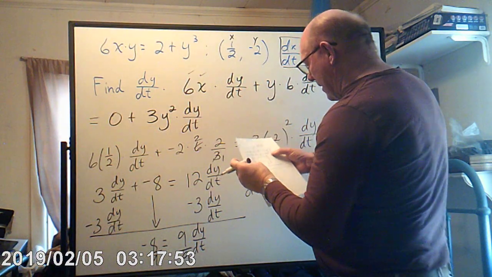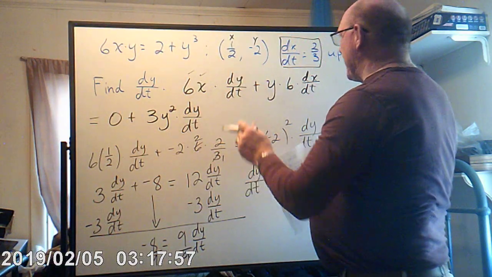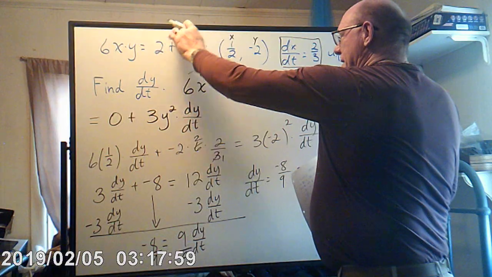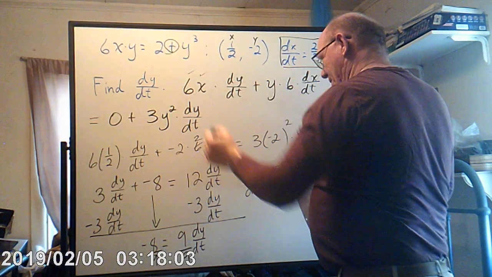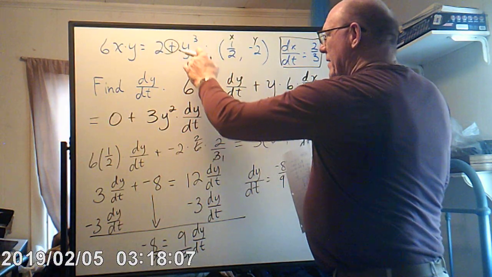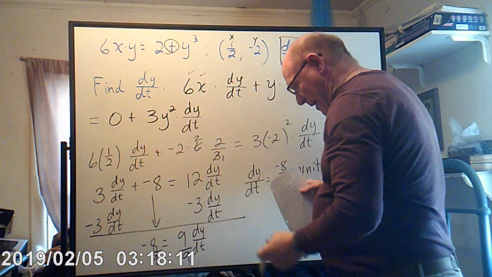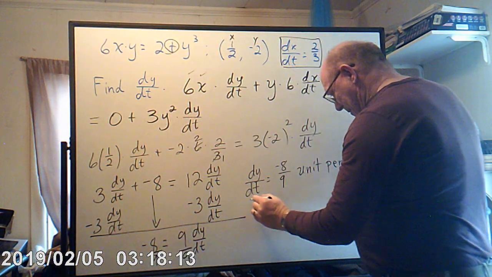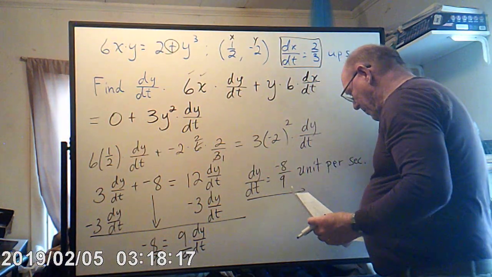I don't know why on my paper here I have negative 3, and it should not be 3. This is plus here, and the 3 in front of the y. I don't get it. So 3y squared dy over dt, so that's plus here. This is correct. So negative 8 over 9 unit per second.